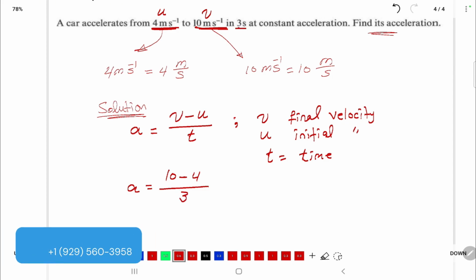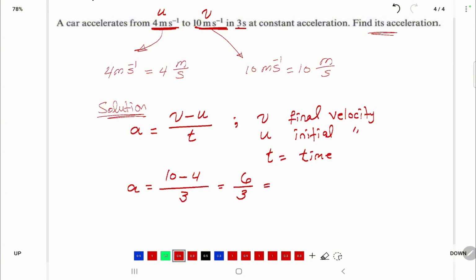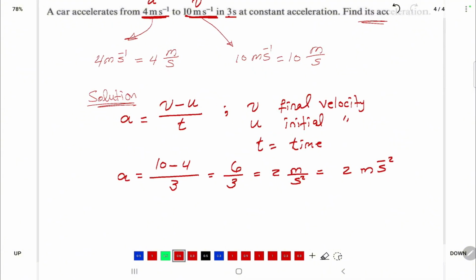So it becomes 6 over 3, which is 2 meters per second squared. Sometimes we write it as 2 meters second to the minus 2. So this is the answer.